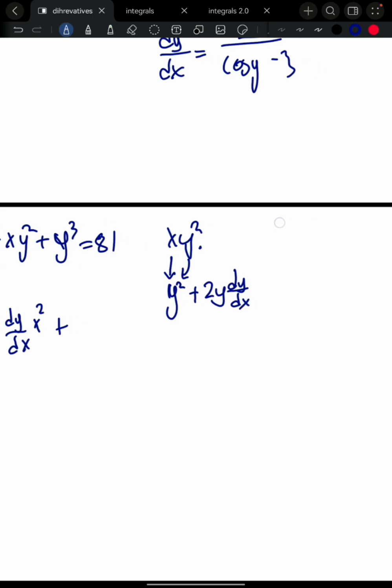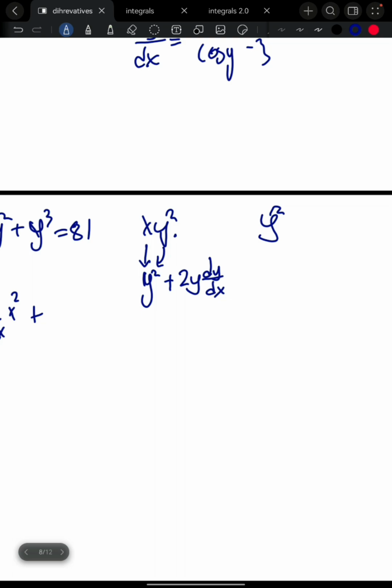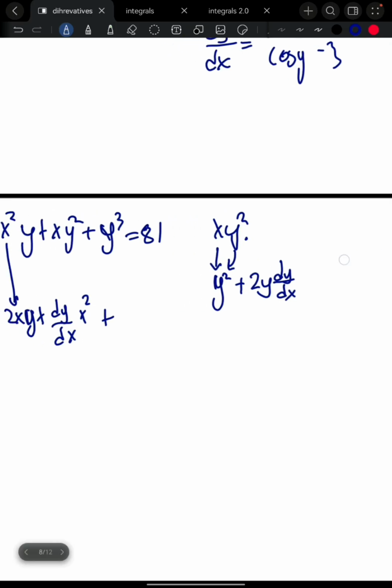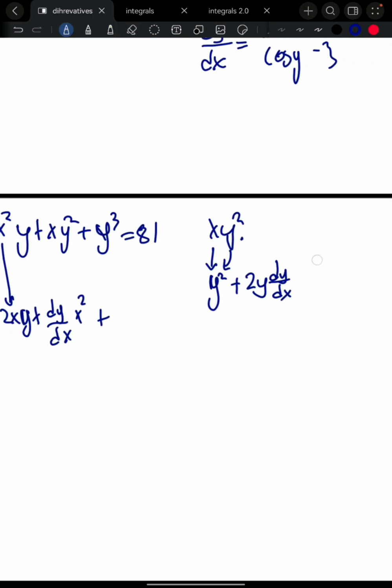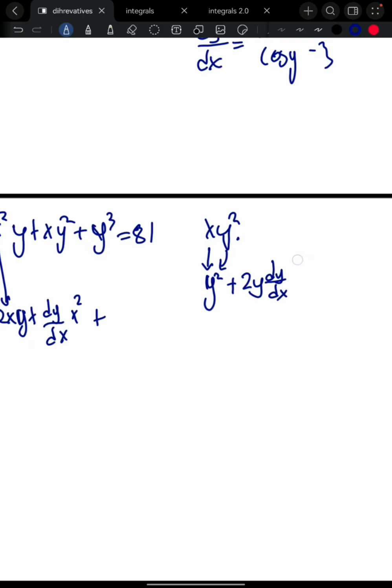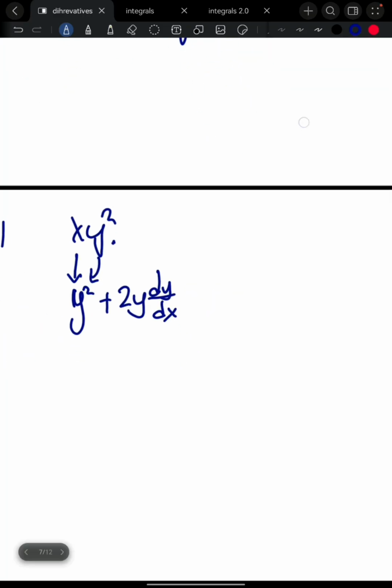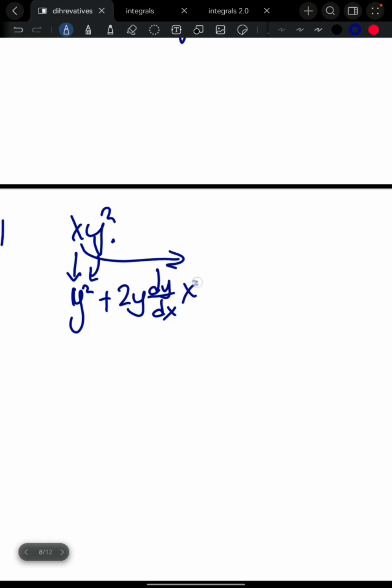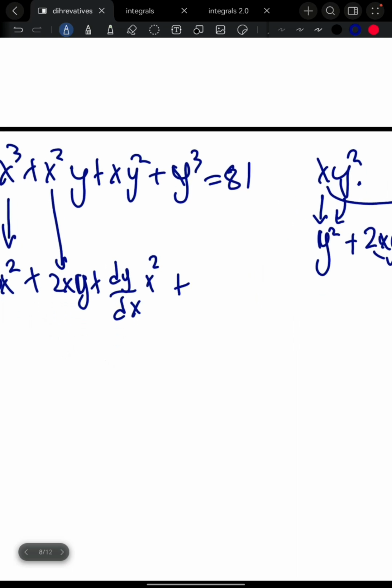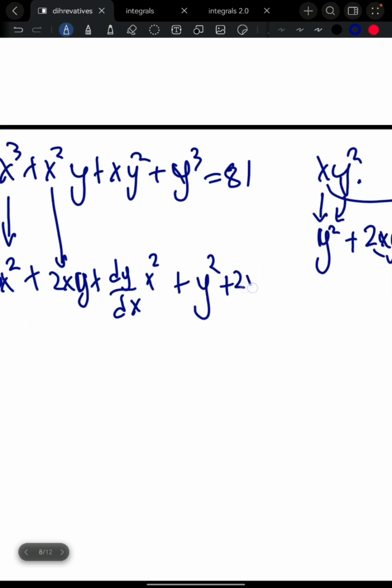I didn't teach this, but if you have y squared, you're gonna bring the power down, which is 2y, but don't forget this is chain rule as well, so you gotta multiply by dy by dx. Anyways, I'm actually gonna cry. Tears of happiness when I finish this. Where was I? Oh, dy by dx, and then don't forget you have to multiply by x again. So I'll write it as 2xy dy by dx, right? So here, plus y squared, plus 2xy dy by dx.